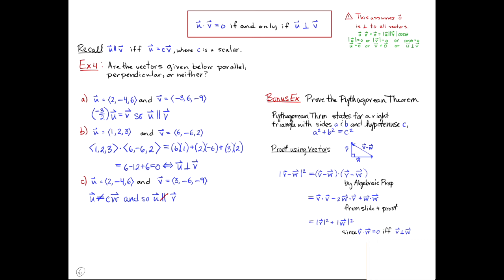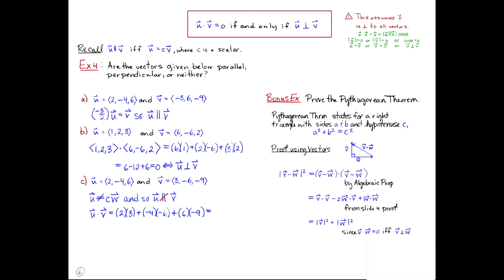Looking at the dot product of our two vectors, u dot v is equal to 2 times 3 plus -4 times -6 plus 6 times -9.